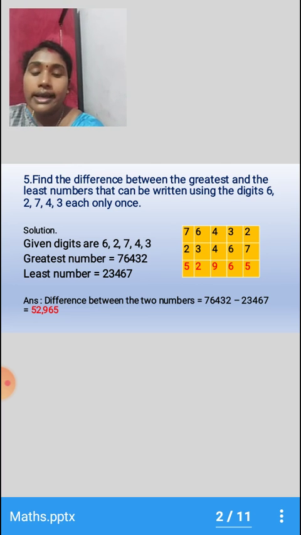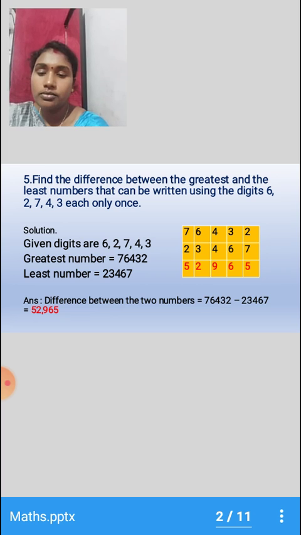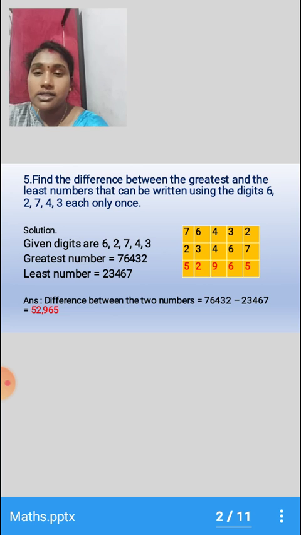Now in the question they have asked what is the difference between the greatest and the least numbers that can be written using the digits 6, 2, 7, 4 and 3. Once we have found the greatest and the least number, it is very easy to get the difference. Whenever the word difference comes, it is clear that we have to subtract the lowest number from the highest number.